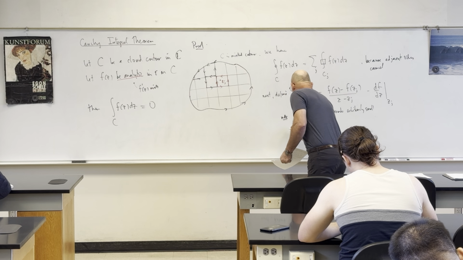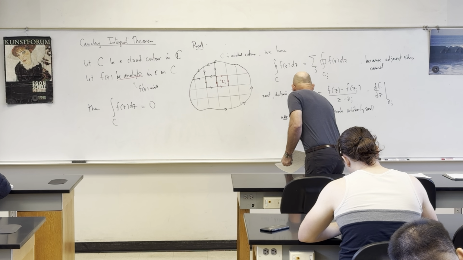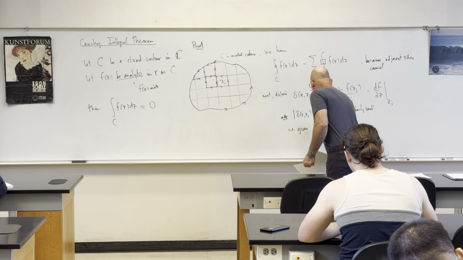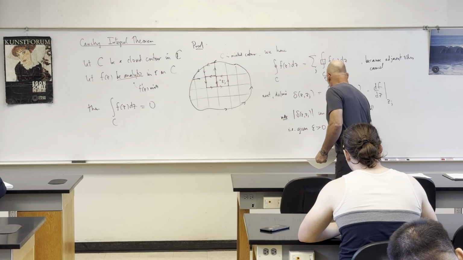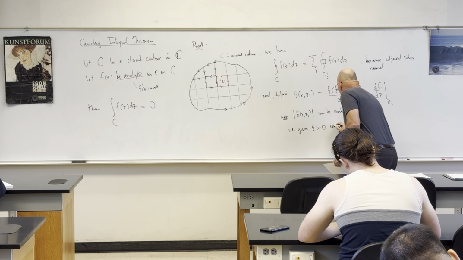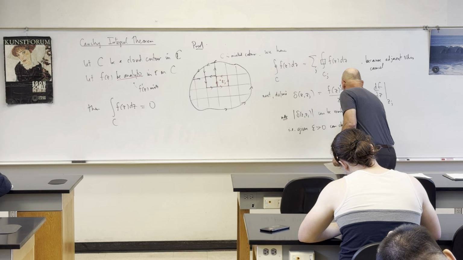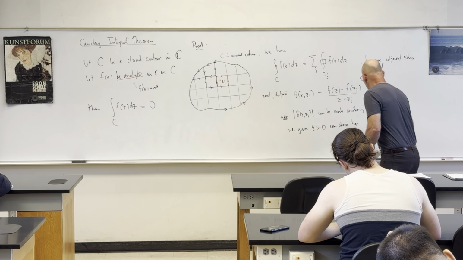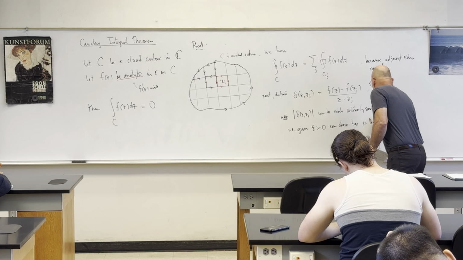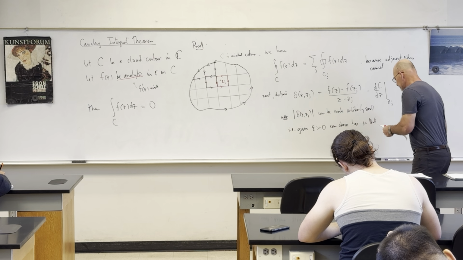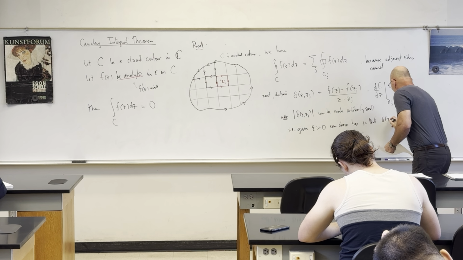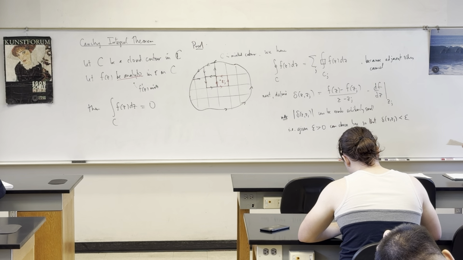That is, given epsilon greater than 0, choose the box so that the magnitude of delta of z and z sub j is less than epsilon.